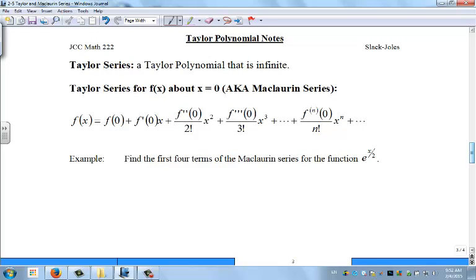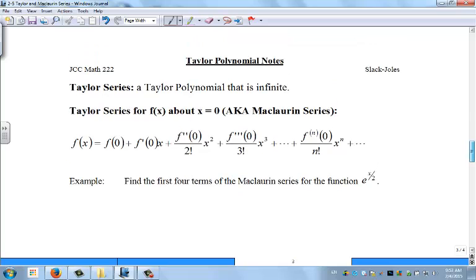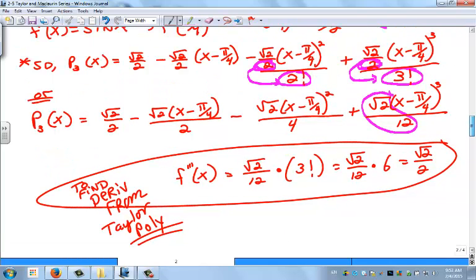All right, so now we're going to generate the Taylor series for e to the x. And the thing about a Taylor series is this time we're going to do the infinite series. Now that doesn't mean we need to generate infinite derivatives, because just like up above, you can see a pattern after a while, and you just continue the pattern.